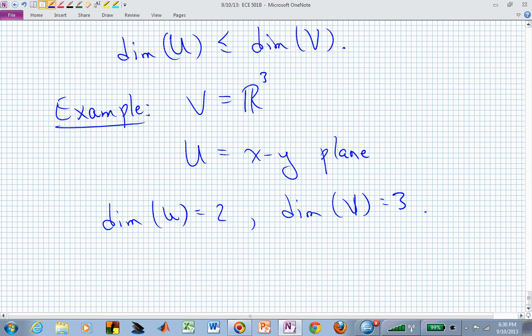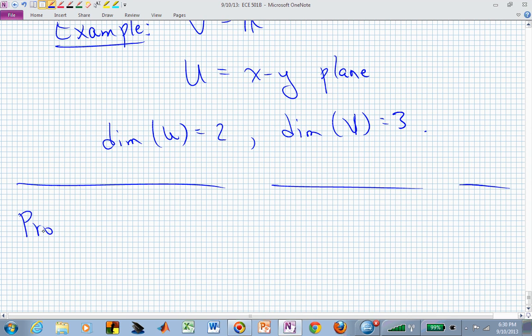And so we see that for a subspace, which the xy plane is a subspace in R3, the dimension of U is 2, and that's less than or equal to the dimension of the containing vector space, which was 3.